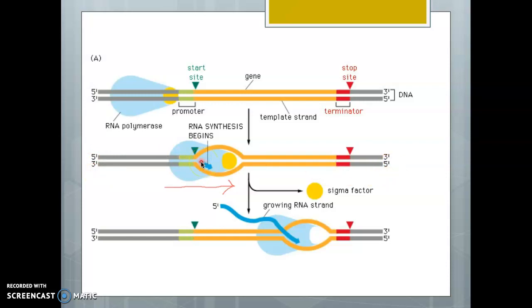As that happens, the RNA strand that's being produced starts getting longer and longer and longer, hence elongation. So the transcription unit is this dark yellow, and as the RNA polymerase goes through the DNA from the beginning of the transcription unit to the end, this medium blue RNA strand is produced.